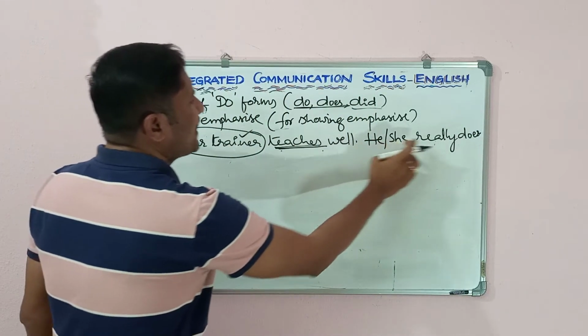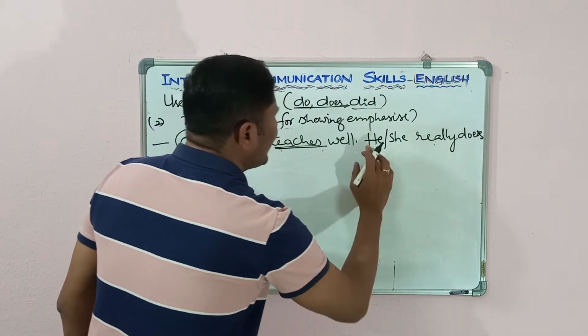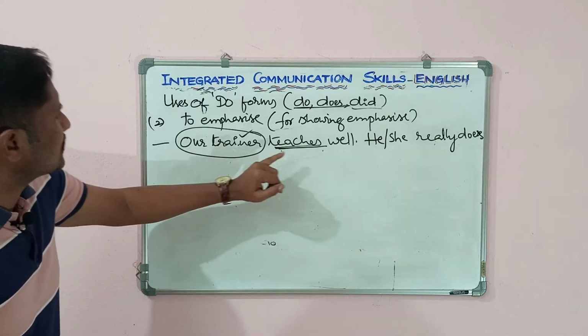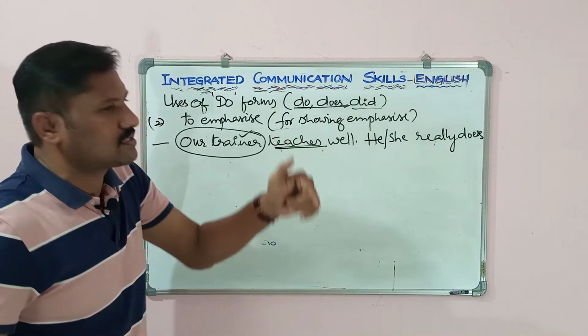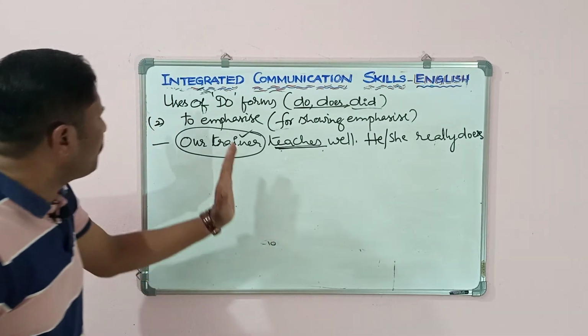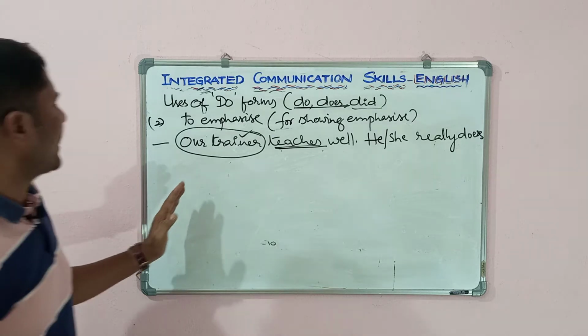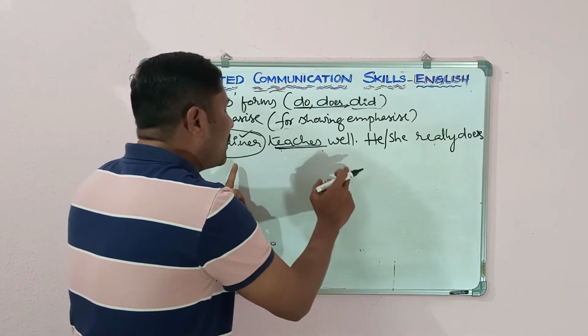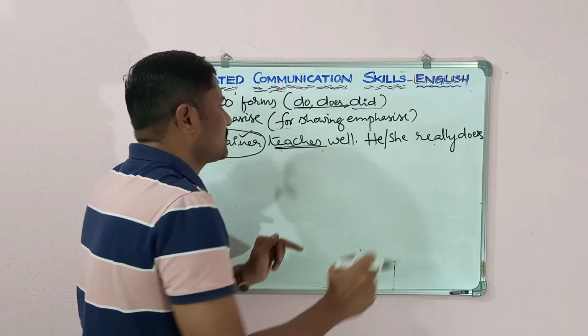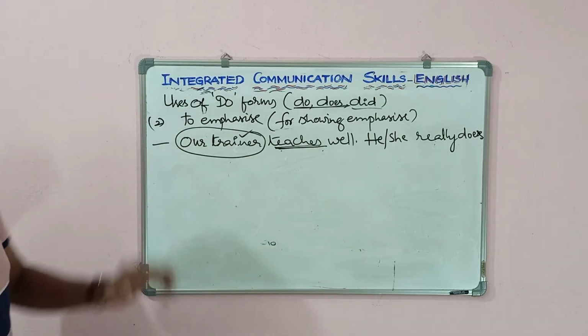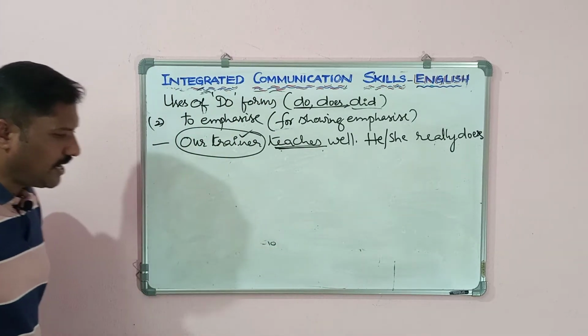So he really does. She really does. The complete sentence is: our trainer teaches well. He really does. That means we are emphasizing the action of the trainer here. Like this we can emphasize the action of the doer.